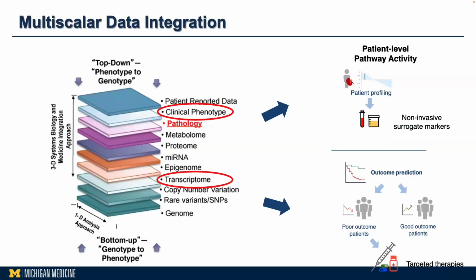And of course, once you can do this, this multi-scalar data integration, the hope is you can identify patient-level pathway activation, patient profiling to get an idea for outcome prediction or new drug treatments based on that, and even non-invasive surrogate markers.